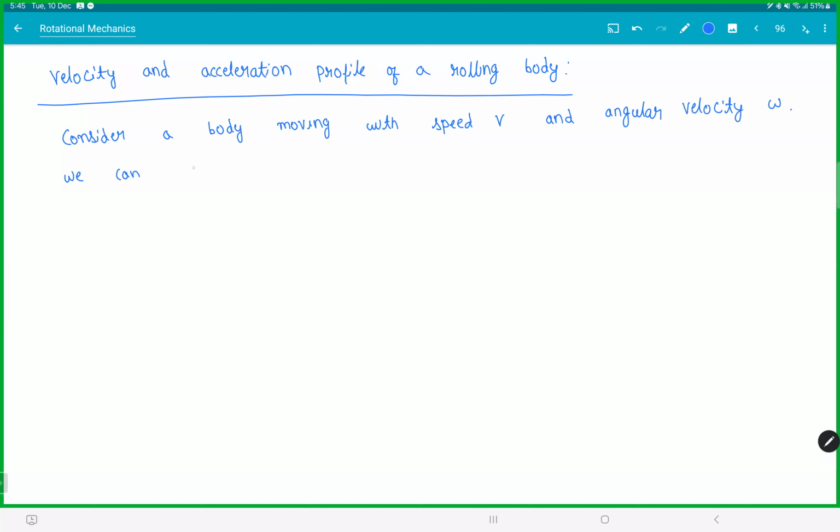We can study this by splitting the motion into pure translation and rotation. Let me show you how it is done.